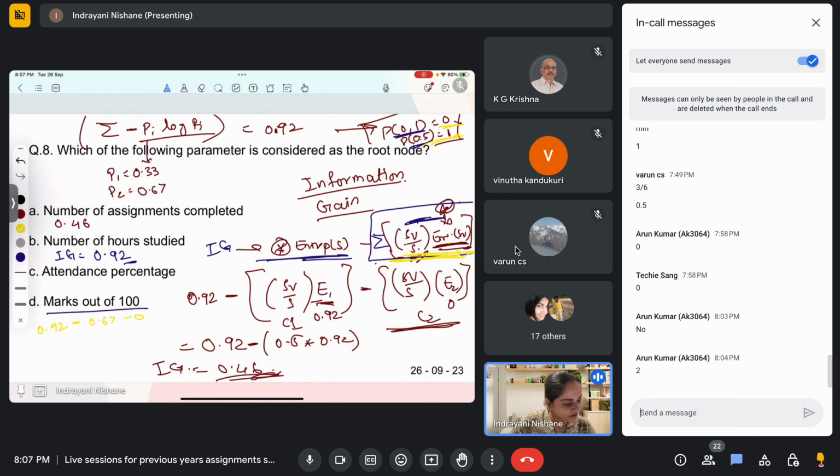So can someone tell me what this is? 0.92 minus 0.67.